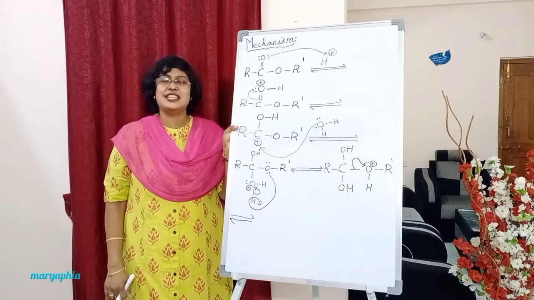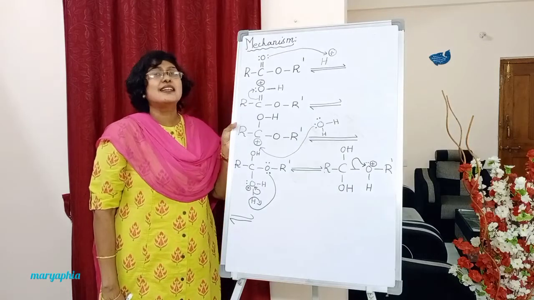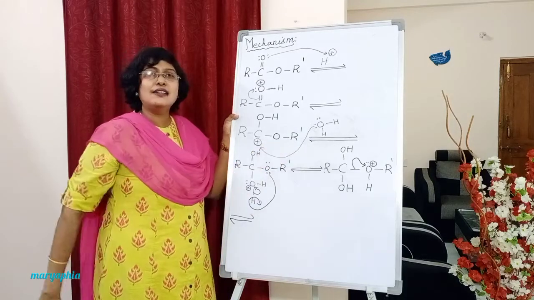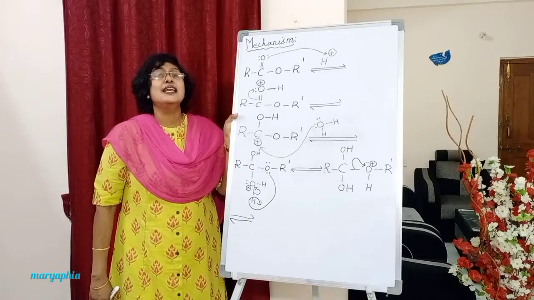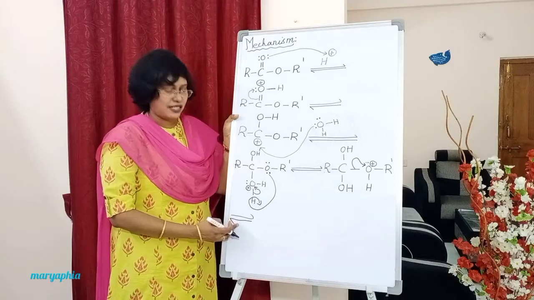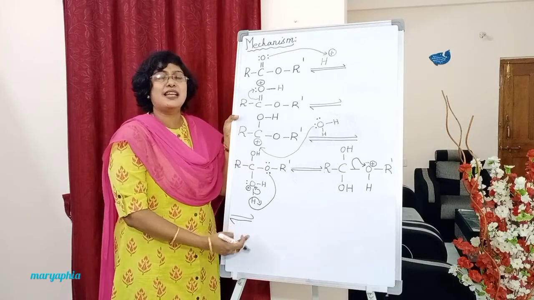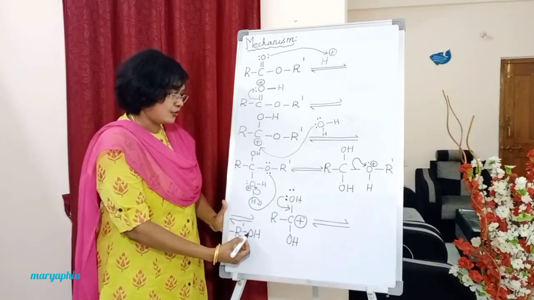Check the main reaction: the products formed are carboxylic acid plus alcohol. So alcohol, one of the products, is formed at this part of the mechanism. So put an arrow here. Next, write down here minus R dash OH.